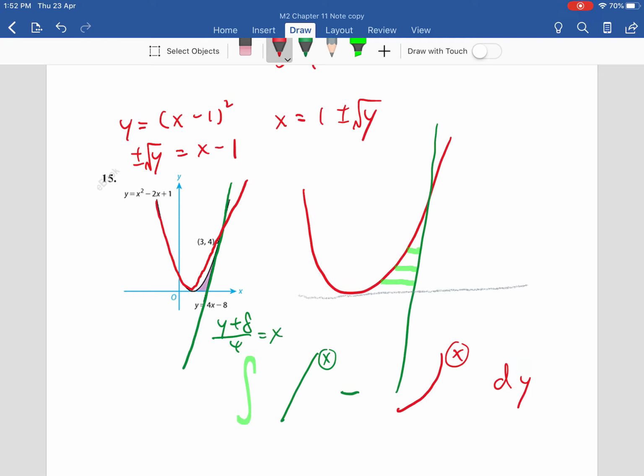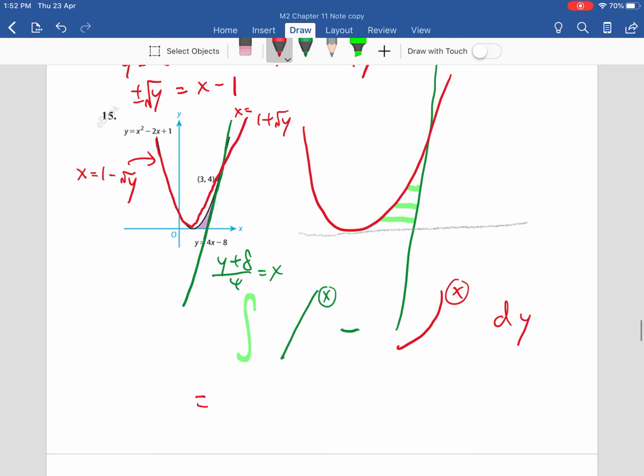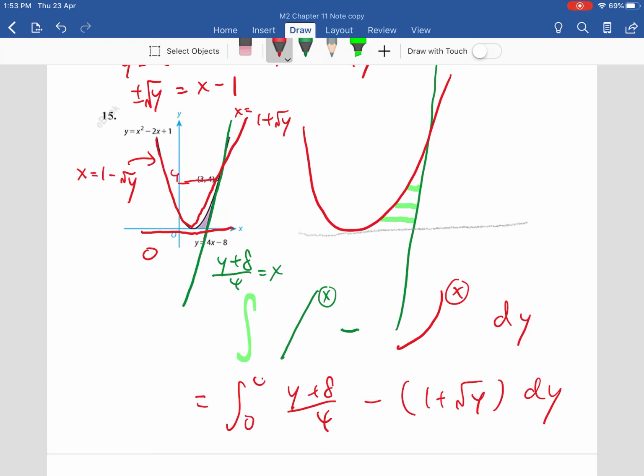You see that this part is x equals 1 plus root y, and this part is x equals 1 minus root y. Therefore, written here, it is the integral of (y plus 8) over 4 minus (1 plus root y) dy, and y goes from 0 to 4.